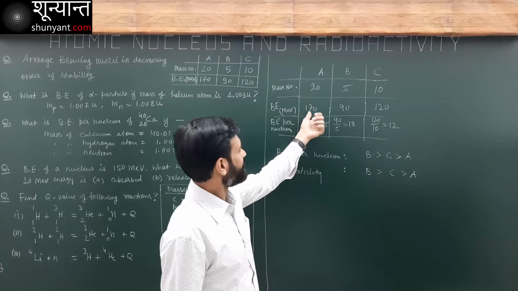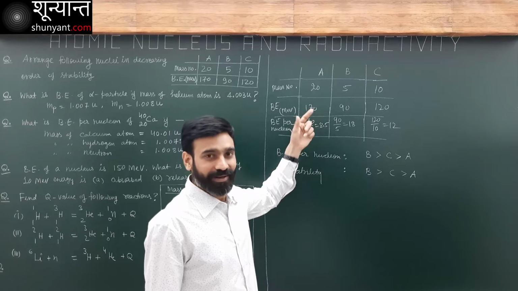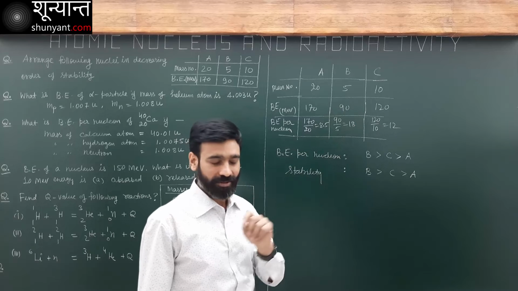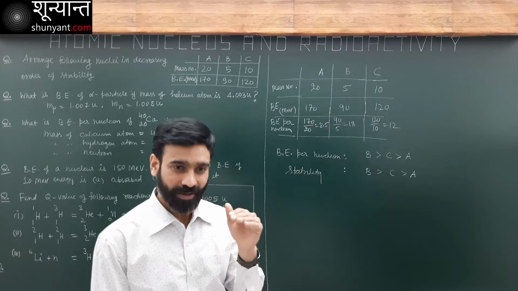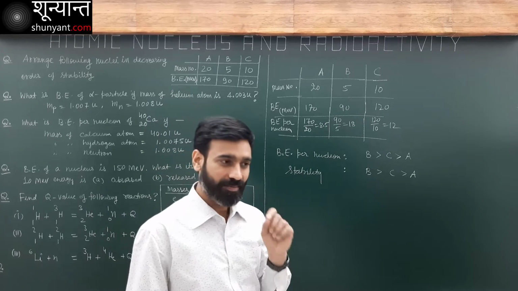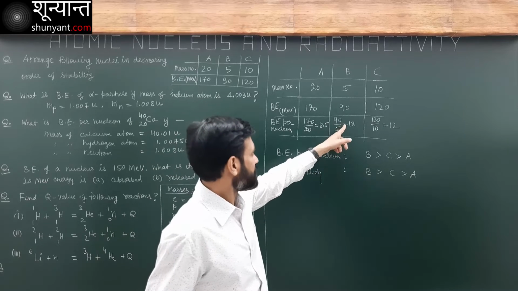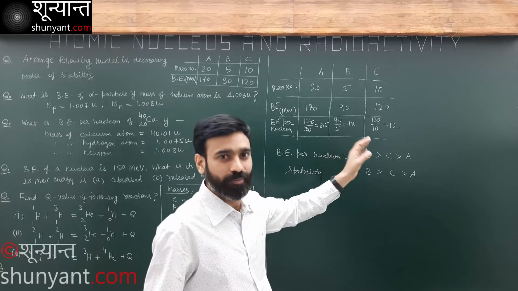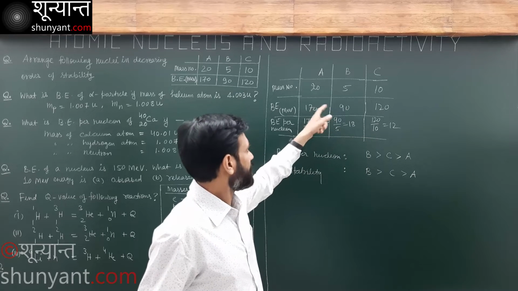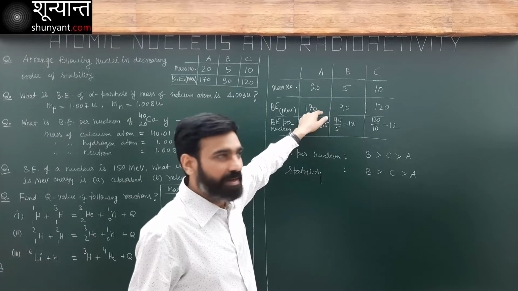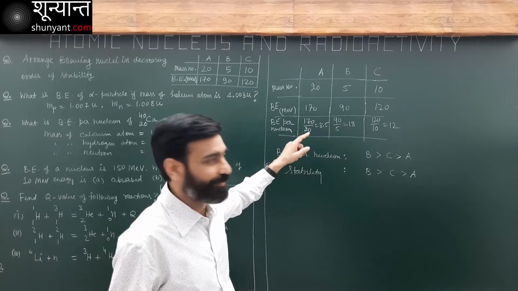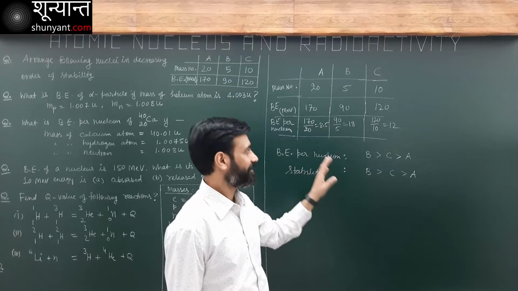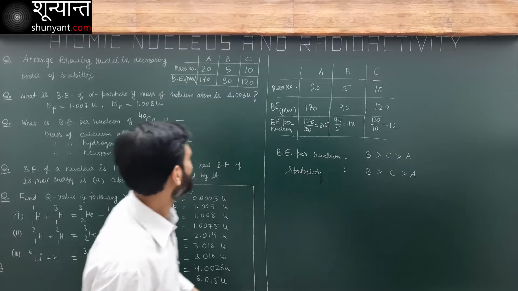This one has the highest binding energy, but binding energy per nucleon is highest for B. So not the binding energy, but the binding energy per nucleon decides the stability of a nucleus. Even though the binding energy is highest for A, its binding energy per nucleon is lowest, so it is going to have the lowest stability. Understood?